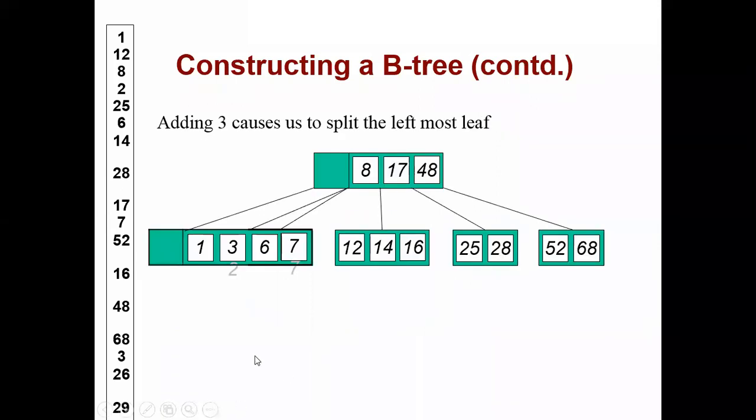Yes, just see here, we have added 48 here. Fine, so we added 48 here. Just focus on this part. Earlier we saw that 48 violated the property of m, so that is why we divided it. Which is the middle node? It becomes the root. And where will the ones smaller than it go? Yes, again it starts from 18: smaller than 18 will go here. Greater than 8 and smaller than 17 will be stored here. Again, greater than 17 is 25 28, but it is smaller than 48, that is why it is placed here.